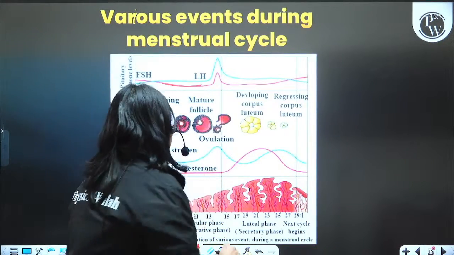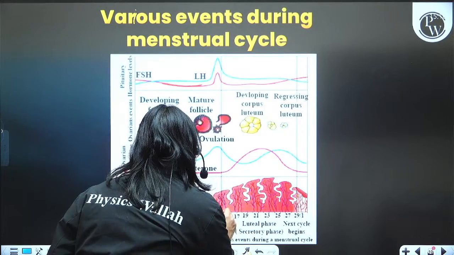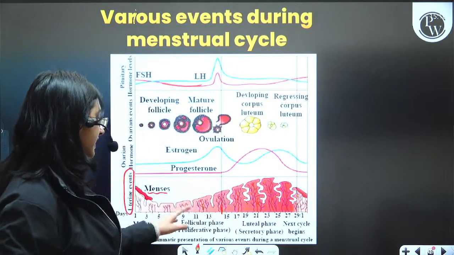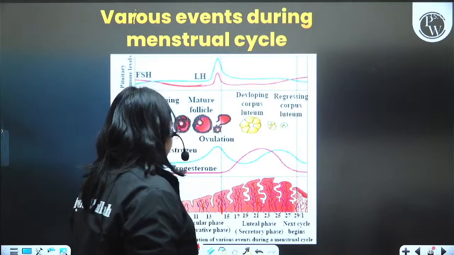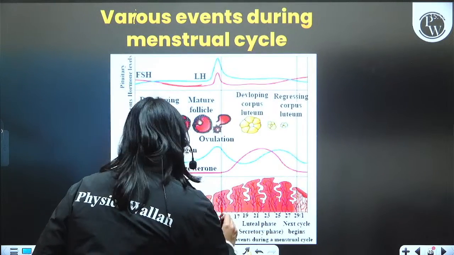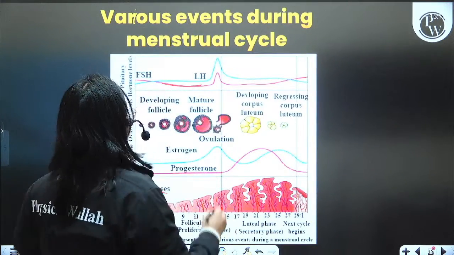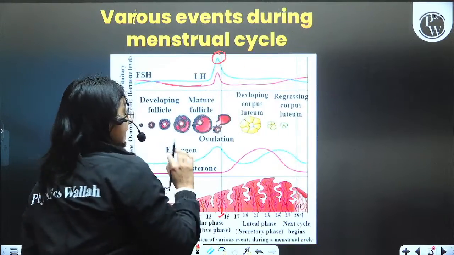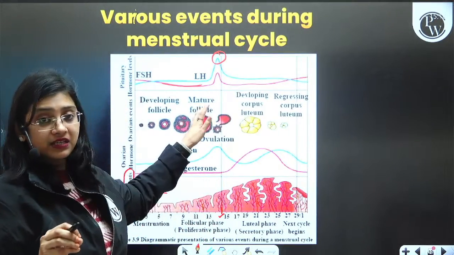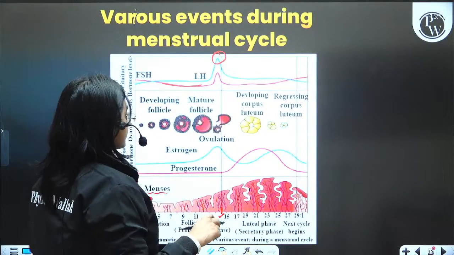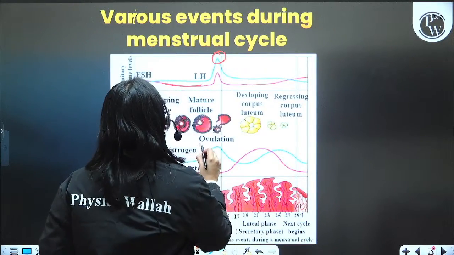But then, when you get to the 14th, 15th day of the menstrual cycle, that is the ovulation phase, over here, you get to see the LH surge. So LH will be produced in the maximum quantity, that is it will go to the peak. That is why it is called the LH surge. Because of that, we get to see ovulation happening.